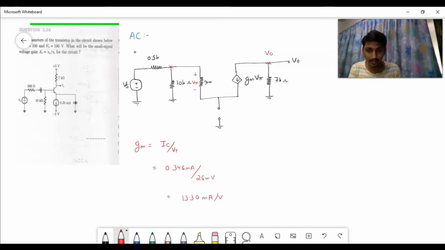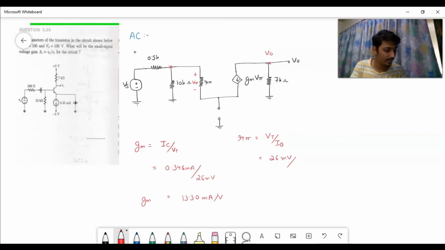milliamps per volt, gm is coming. And if we calculate for r pi, the formula for r pi is Vt by Ib, 26 millivolts by Ib.